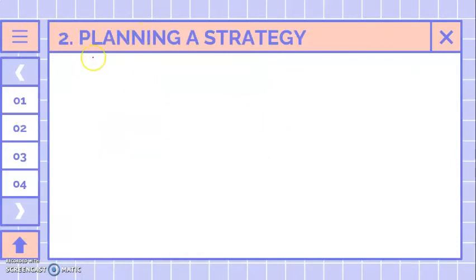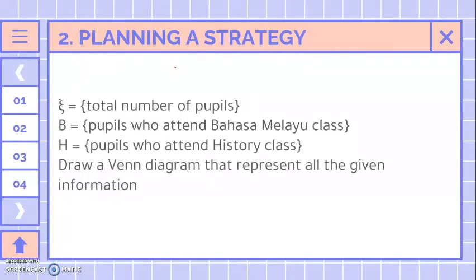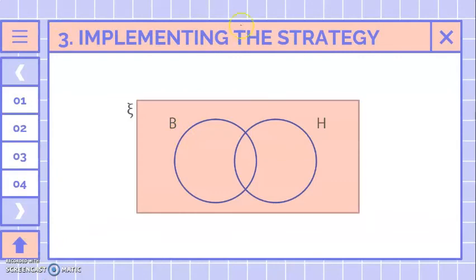So number 2, planning a strategy. You will know the total number of people who attend Bahasa Melayu and history. So you need to write the elements here and draw a Venn diagram that represents all the given information.